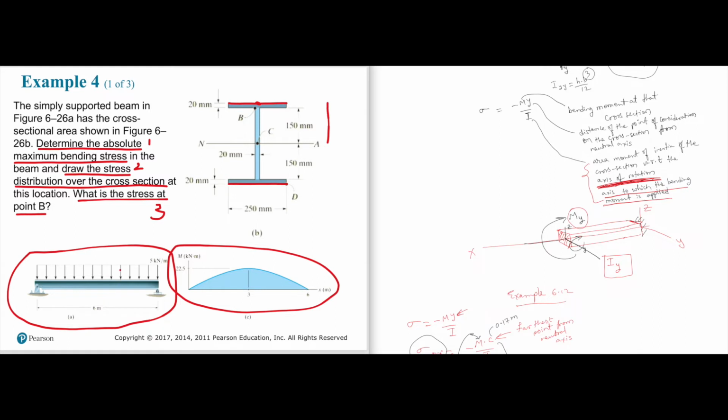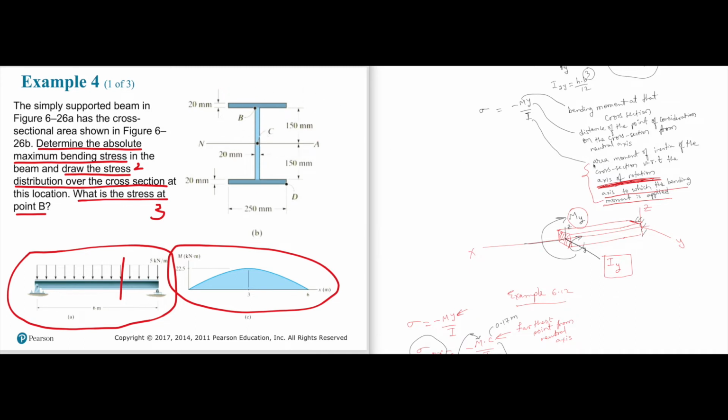So for this one, this is the cross section, right? If you make a cut, your cross section looks like this. This is the cross section.